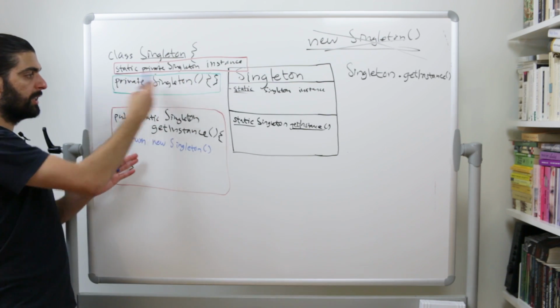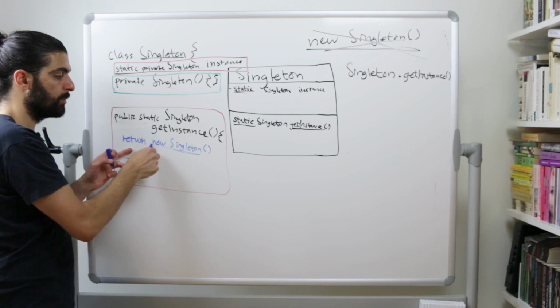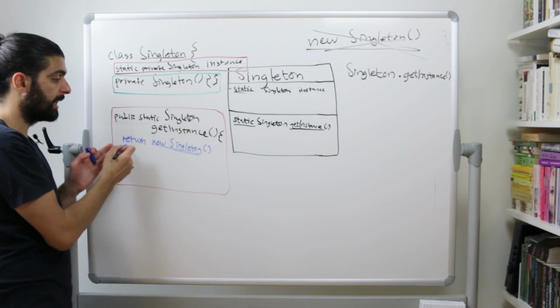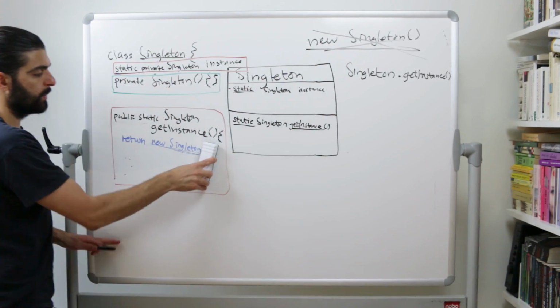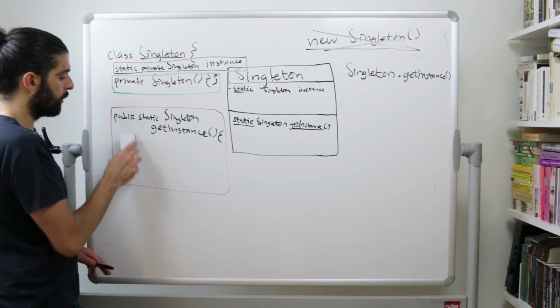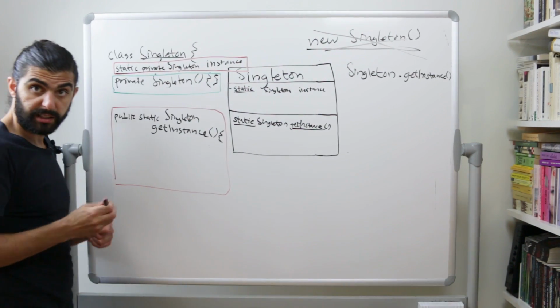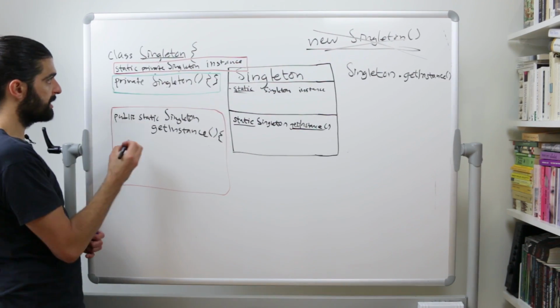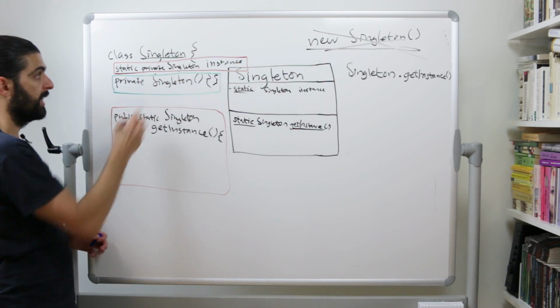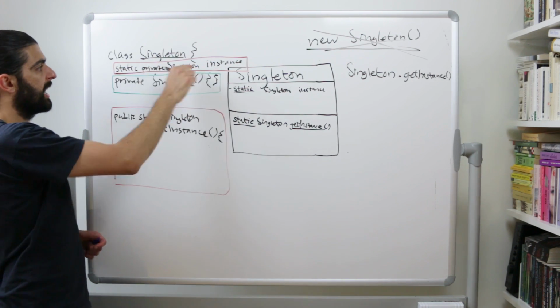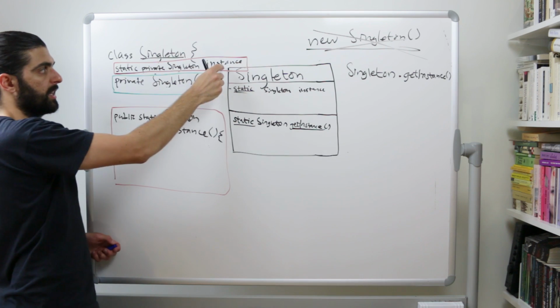Because we're in the Singleton class, we actually have access to the constructor, so we can say new singleton. But we don't just want to do that, because we also want to make sure that we're only ever using the same instance. So this is why we first check if this instance, the private static singleton that we have called instance, is null.